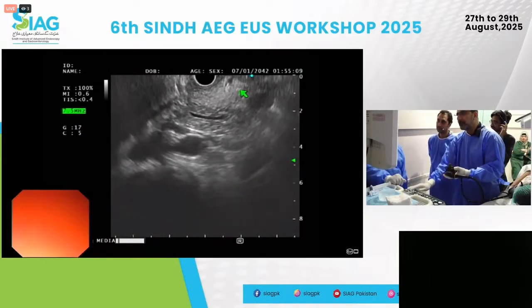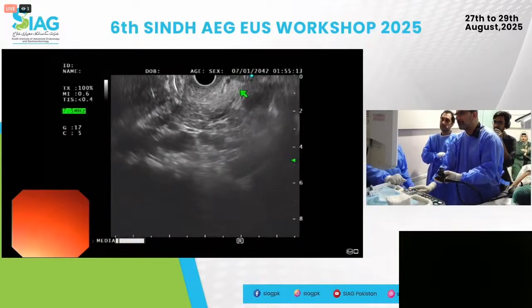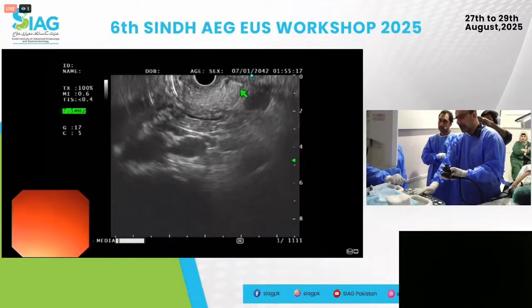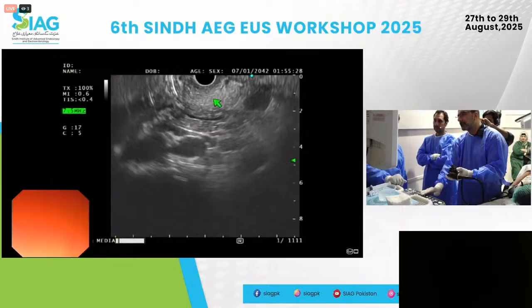So I'm going to freeze it again. Here is the ventral pancreas. Ventral pancreas is dark. This is the transition between ventral and dorsal. This is dorsal pancreas, which is bright.